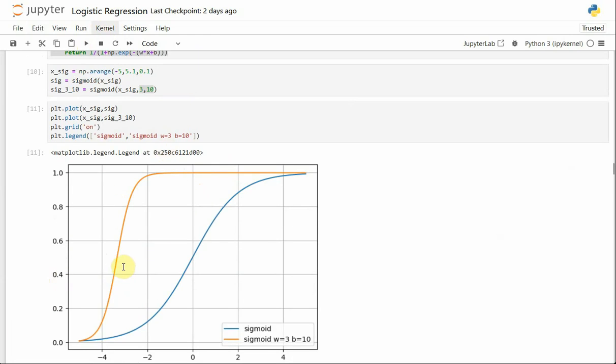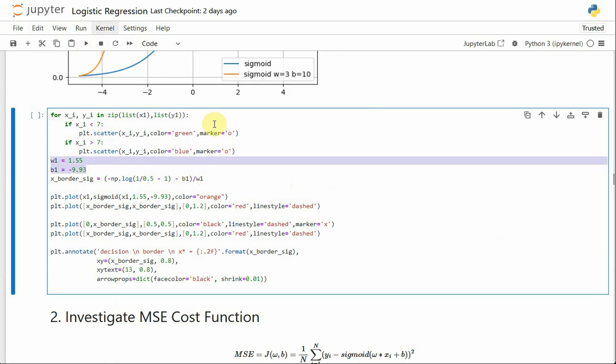This proves that by changing parameters w and b, we can fit this logistic or sigmoid function to the data we have. Let's try to guess good values for the parameters and use logistic regression as an approximation for our binary data points.